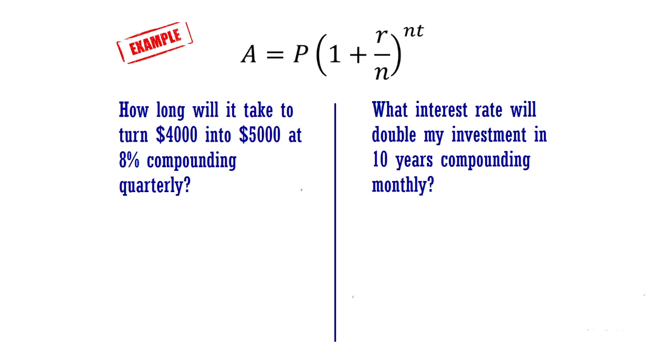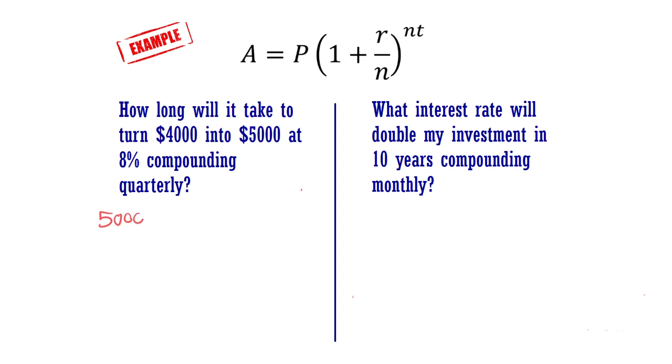All right, let's do a couple problems using that formula. My first example here: how long will it take to turn $4,000 into $5,000 at 8% compounded quarterly? Just filling in all the values for the variables, the ending amount is going to be 5,000.